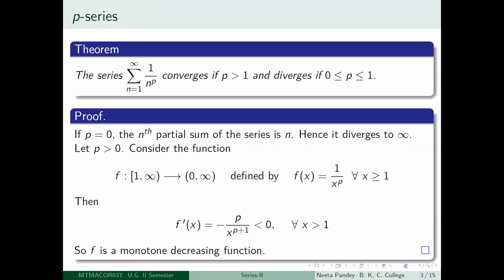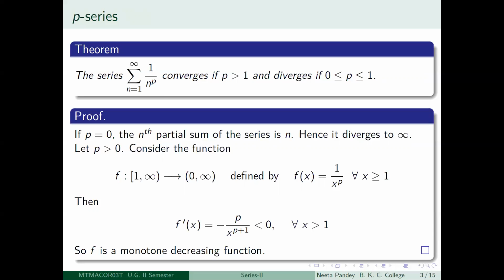And we will prove that if p is in the closed interval 0 to 1, then this series will diverge. And if p is greater than 1, then this series will converge. That is what we are going to prove. And what happens when p is less than 0, we will discuss after some time.